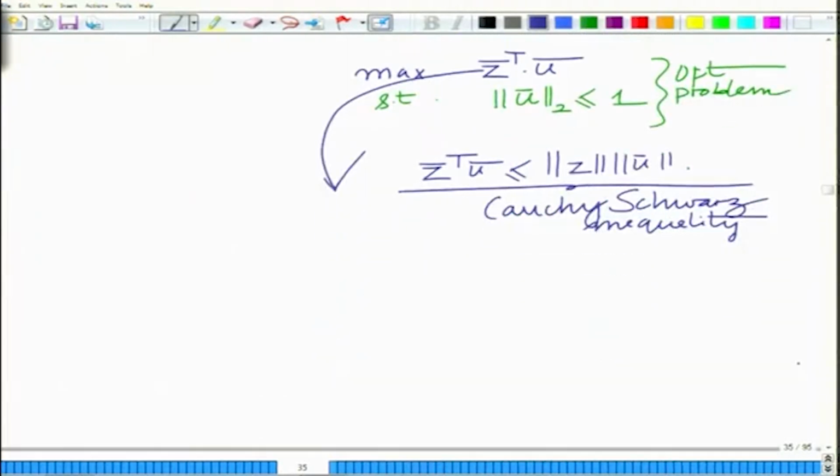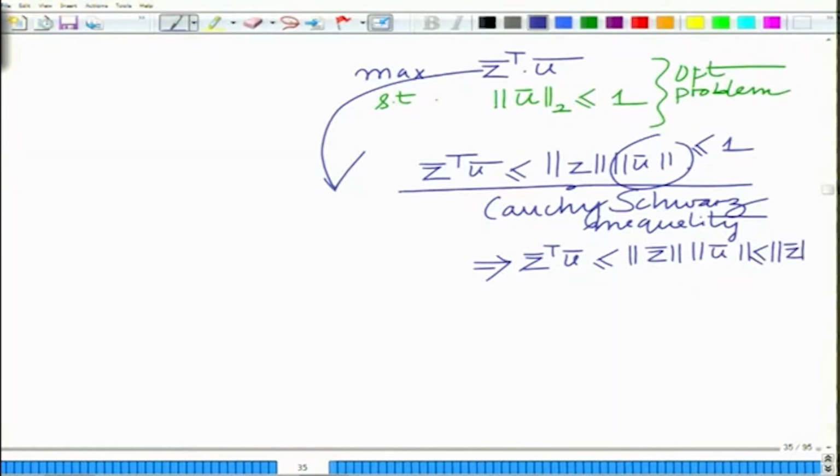Now we know that norm U bar is less than or equal to 1, which basically implies Z bar transpose U bar is less than or equal to norm Z bar times norm U bar, which is in turn less than or equal to norm Z bar, because norm U bar is less than or equal to 1.